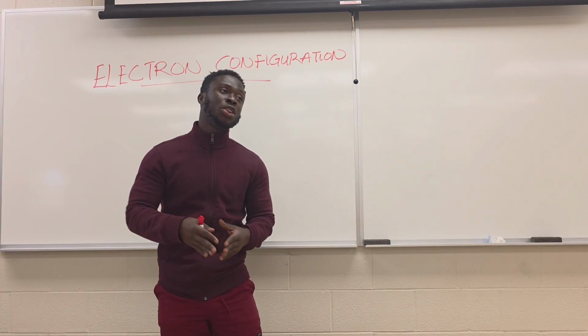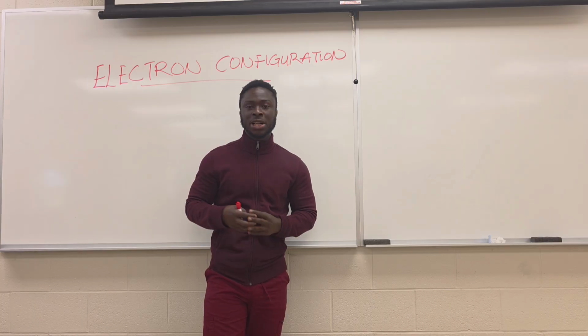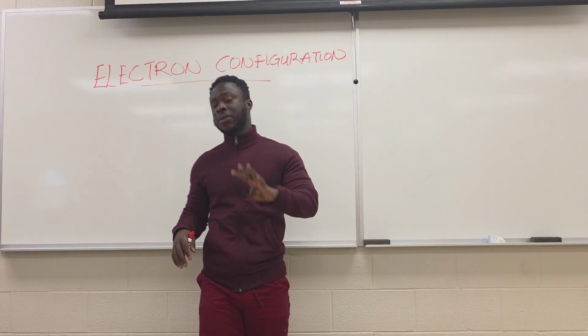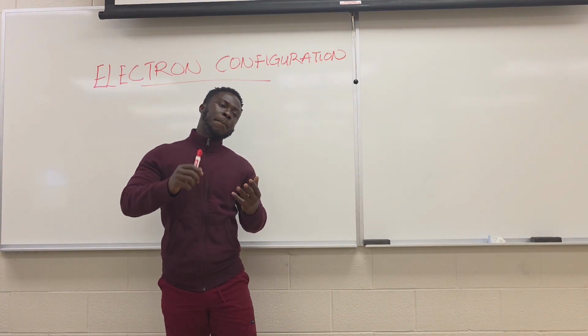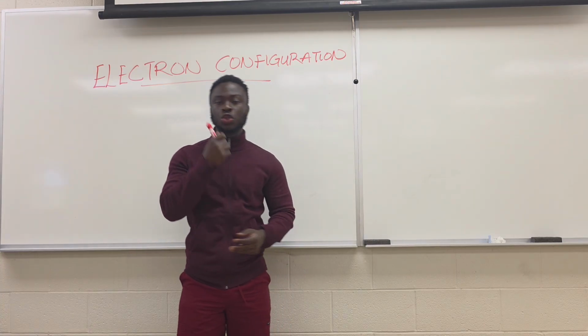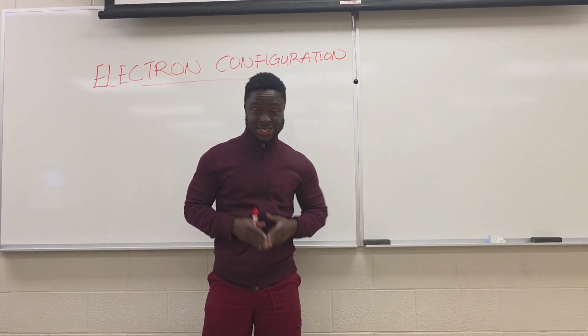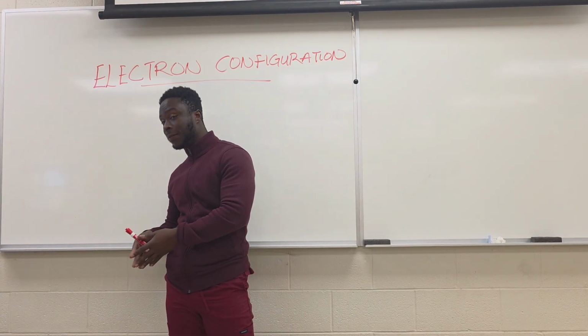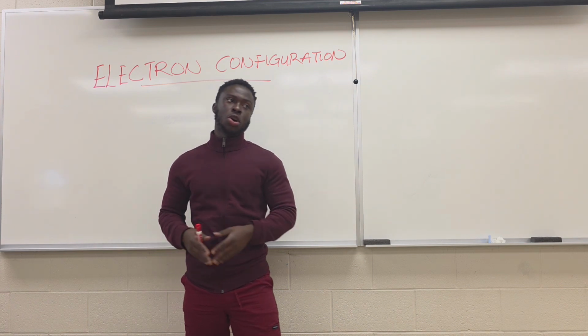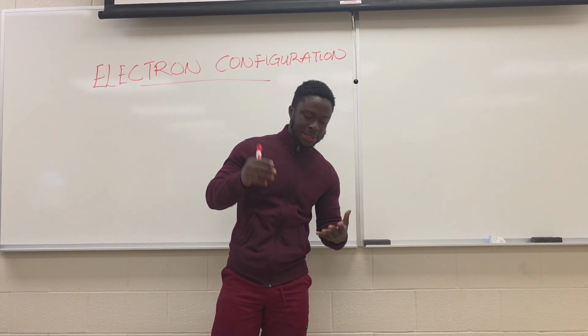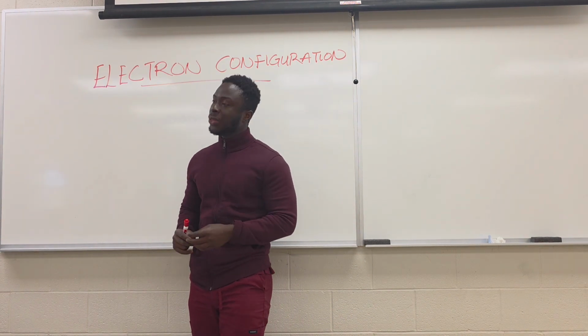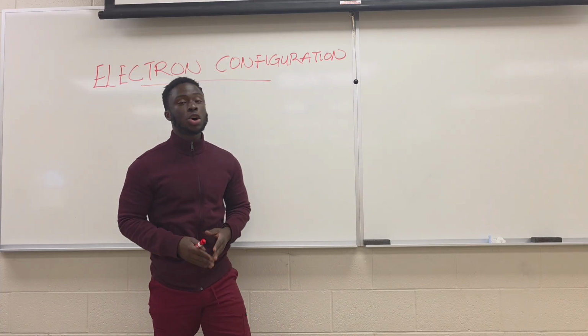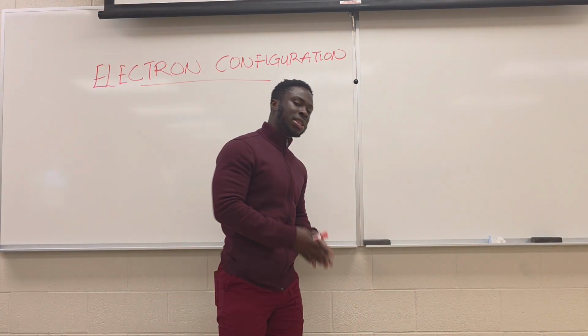But before that, a little refresher on quantum numbers. When we discussed quantum numbers, we said there are four quantum numbers. The principal quantum number, which represents the shell or the main energy level of the atom, or where the electron resides. And then we did the azimuthal quantum number, which also represents the subshells.